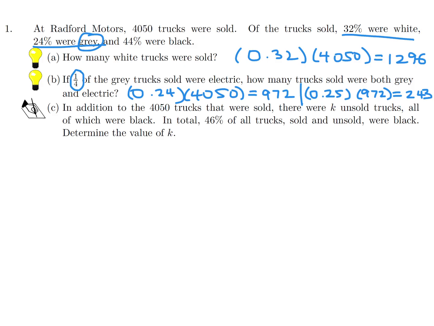In addition to the 4050 trucks that were sold, there were K unsold trucks, all of which were black. In total, 46% of all trucks sold and unsold were black. Determine the value of K. So 4050 were the ones sold, and K is unsold.